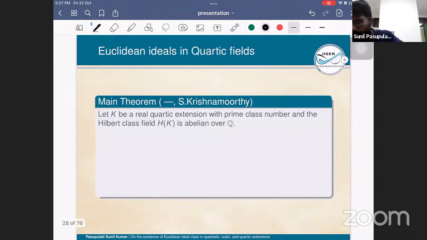So we have even looked at the class number being prime. Let K be a real quadratic extension with prime class number, and the Hilbert class field is abelian over Q. Almost the same assumptions, but let F be the LCM of the conductor of K and 16.